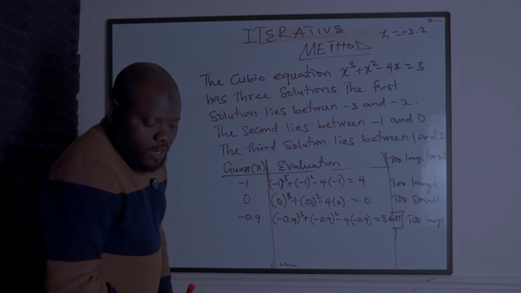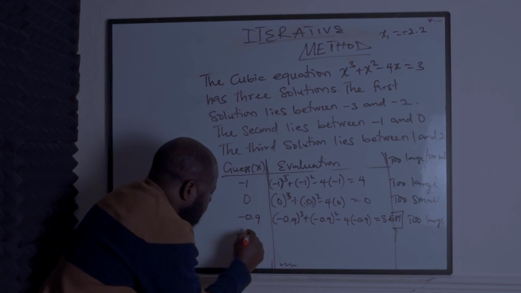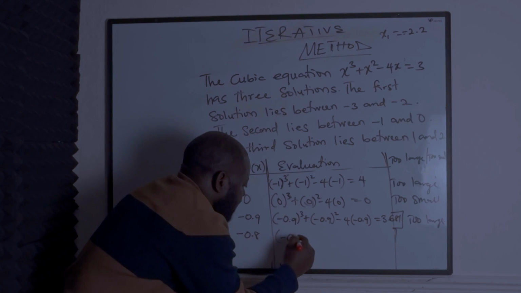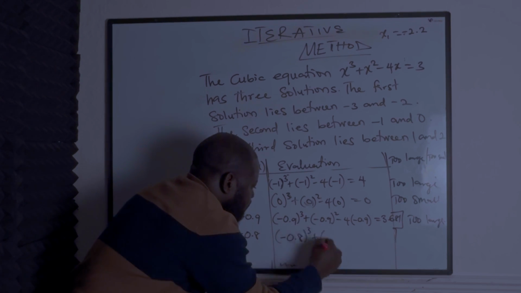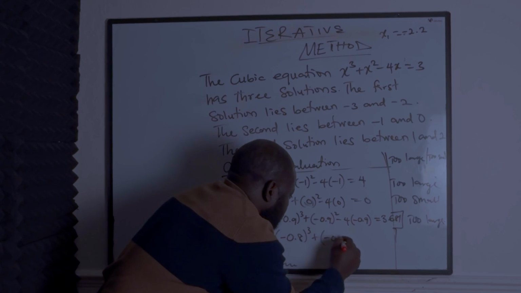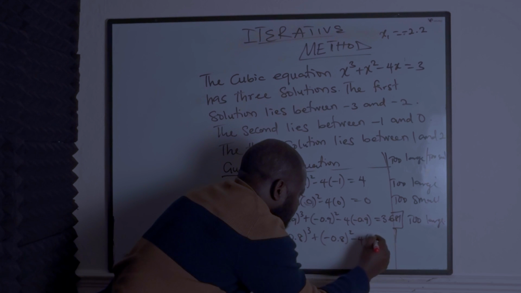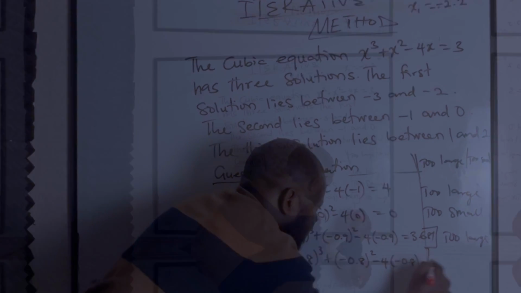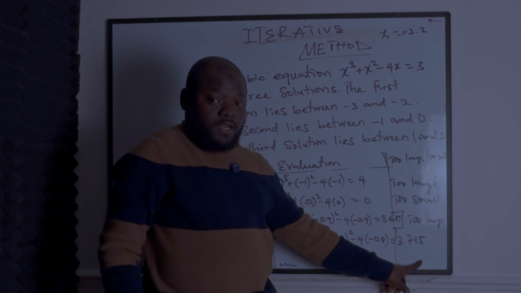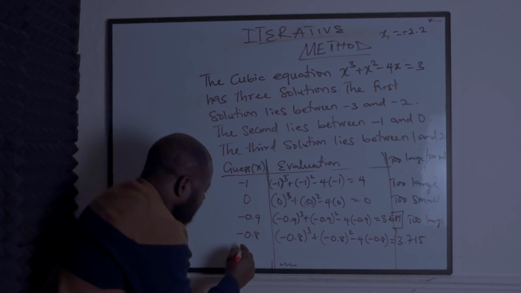So we try another one, minus 0.8, and let's see what we are going to have. Minus 0.8 cube plus minus 0.8 square minus 4 into minus 0.8, and that's 3.715. This is also too large. Okay, let's go to the next one.